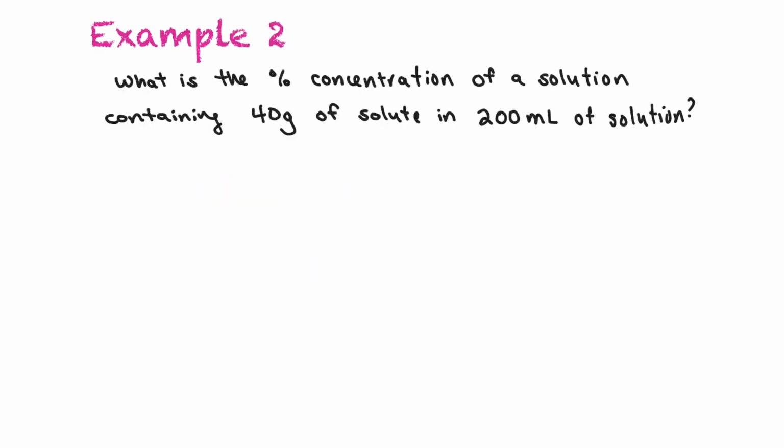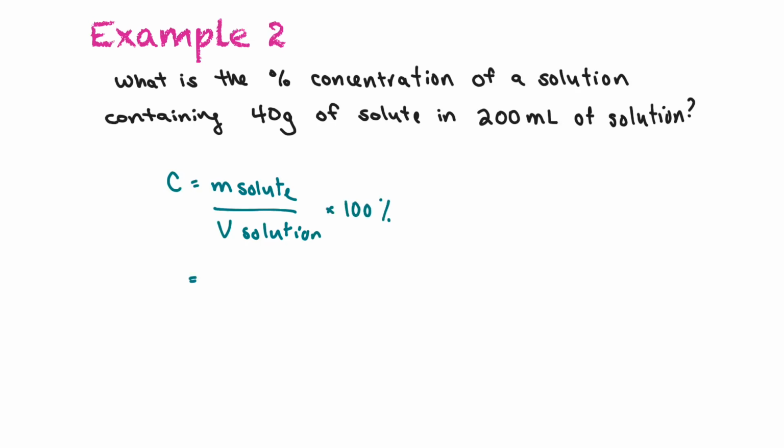Now we'll do a second example. This time we'll be calculating the mass volume concentration. Concentration is equal to the mass of the solute over the volume of solution, times 100.